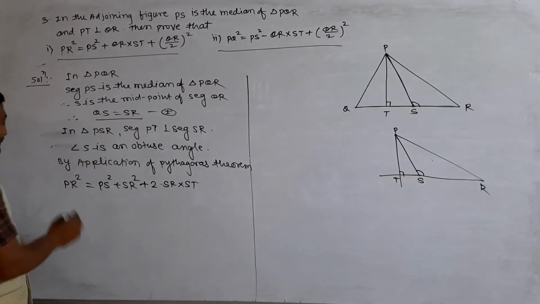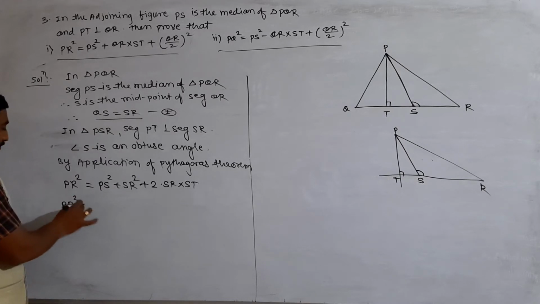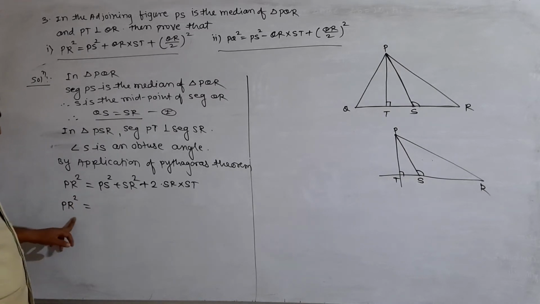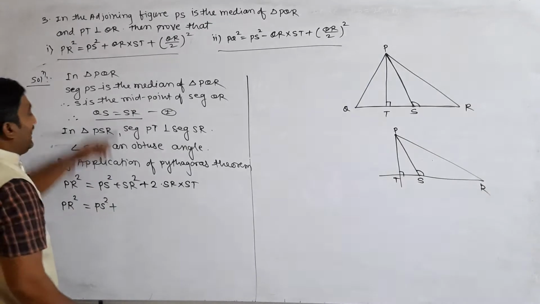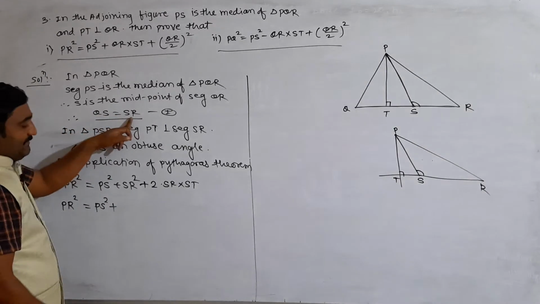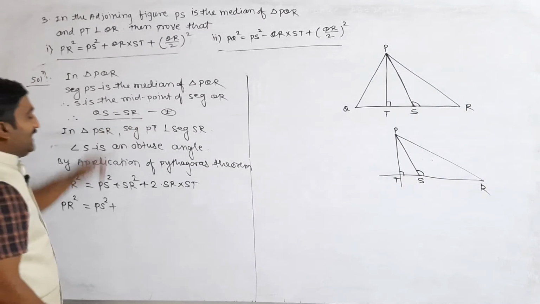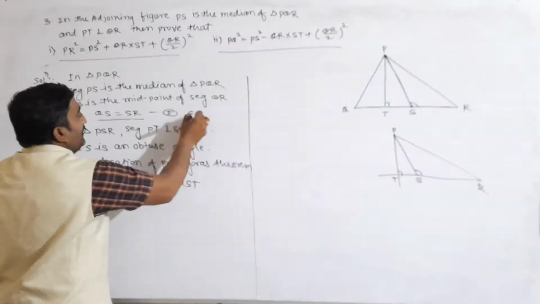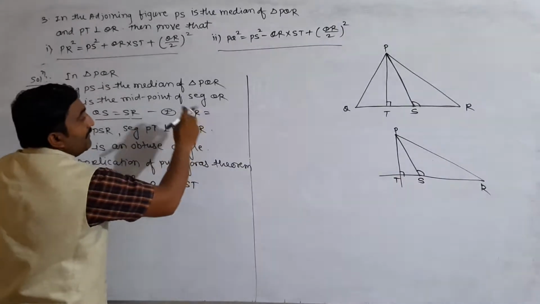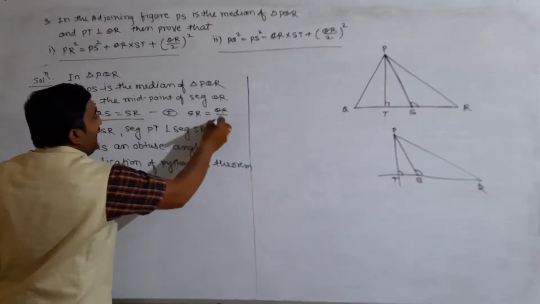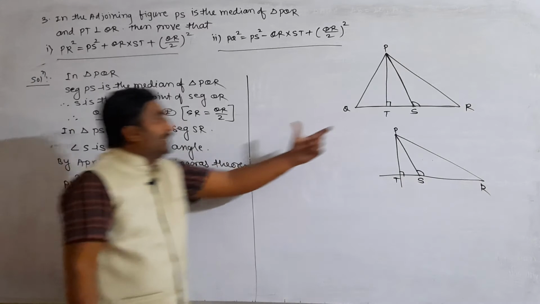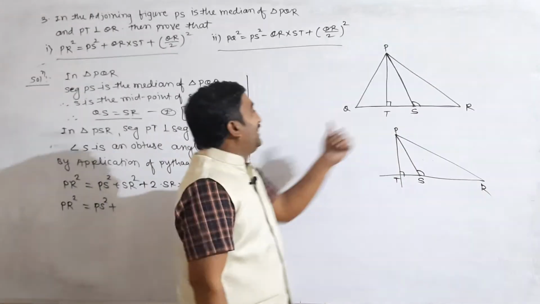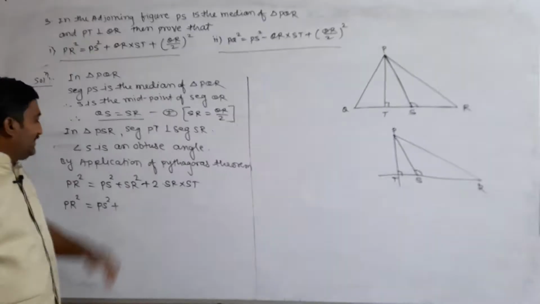So from equation first we can write PR square is equal to PS square as it is, plus, we know that QS is equal to SR. It means SR is equal to QR by 2.